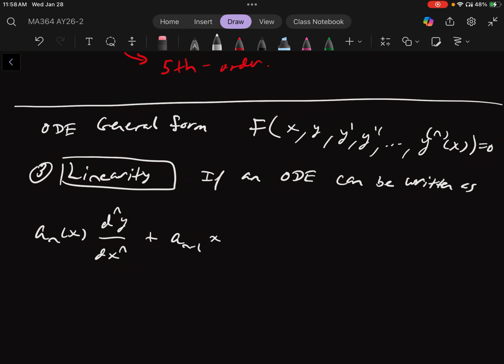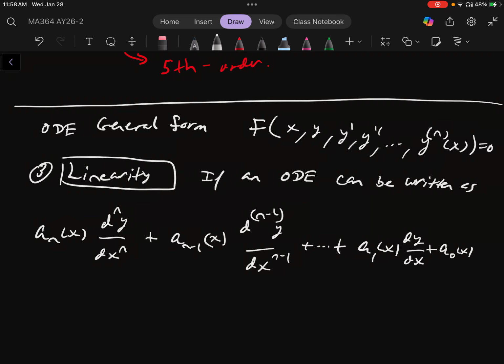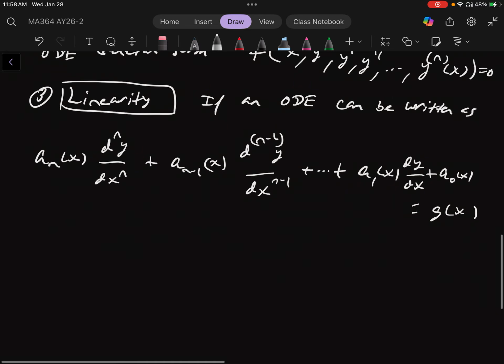The coefficients have an index n, n minus 1, n minus 2, that decreases as we go through here. Eventually you would stop with just the first derivative, and then with some term a sub 0, and if that is equal to some function g of x, that is called a linear ODE.